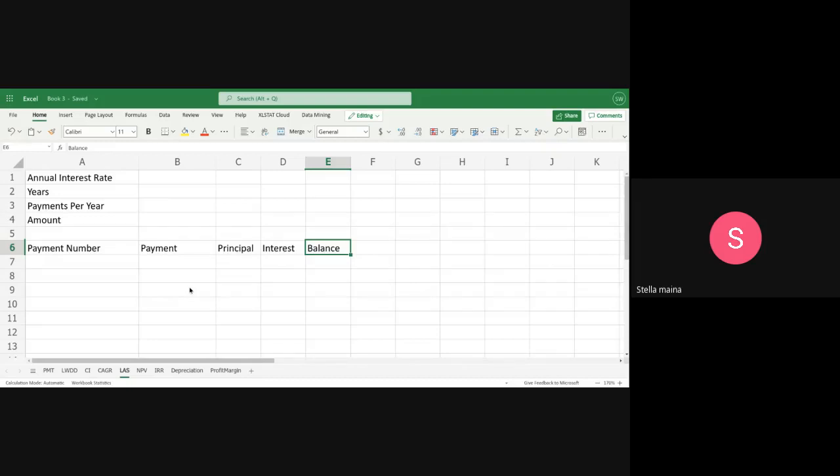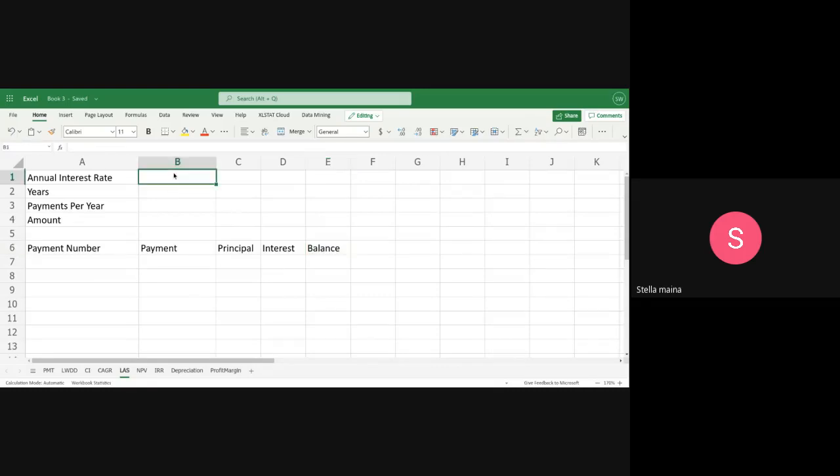We will use the PMT function to calculate the monthly payment of a loan with an annual interest rate of 5%, a 2-year duration, and a present value of $20,000.